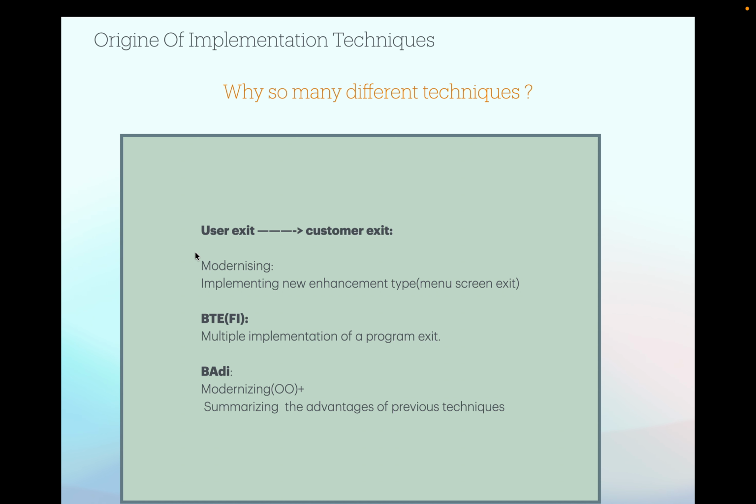For the user exit, usually only one implementation is possible, but BAdIs are sometimes program exits. That is, BAdIs provide multiple implementations of the same. All the implementations will be executed in succession at runtime.